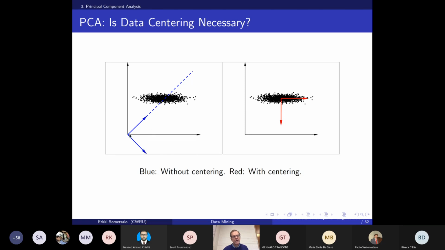So if you have high dimensional data, sorry, this is 2-dimensional data, so this is kind of a trivial case because you can already look at the data without doing anything. But if you have high dimensional data, what typically happens if you don't center your data is that your first principal component is kind of wasted because it is just telling in which direction in space your data is lying.